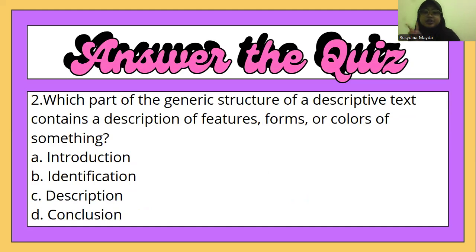The number two is, which part of the generic structure of the descriptive text contains a description of features, forms, or colors of something? A. Introduction. B. Identification. C. Description. And D. Conclusion. I will give you 15 seconds to think and write the answer.